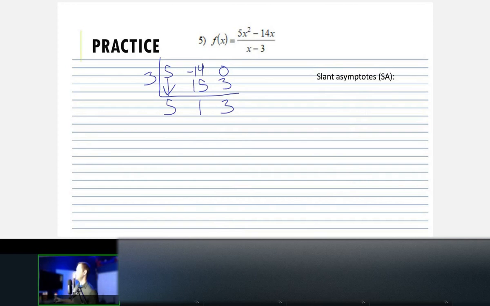Yep, even the constant needs a placeholder. All right, everyone. So in chat, go ahead and write the equation of the SA, please. Remember, I just want the SA equation. Just the SA equation.